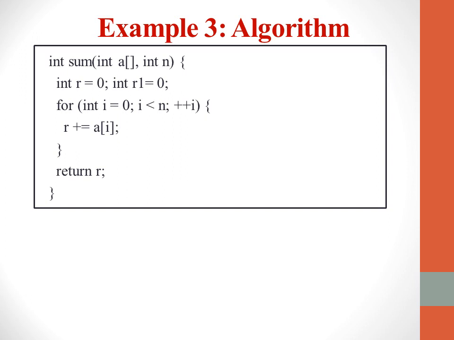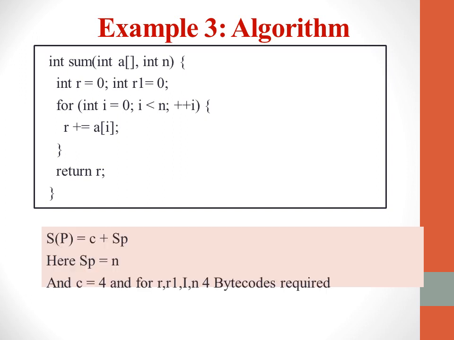4 byte codes will be required, and your array is having n values, meaning it's a variable part. At runtime this value will be defined. So the total space requirement will be 4 byte codes for these 4 variables, and for the array n values. So we can write S(P) equals c plus Sp.